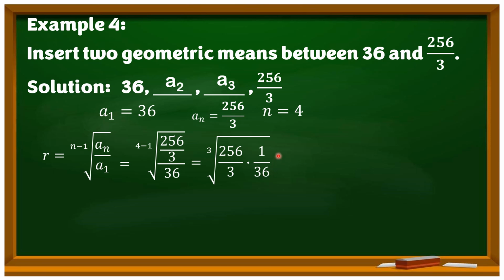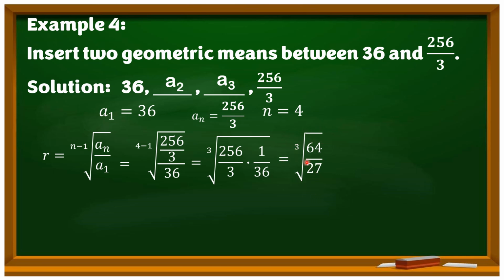So for 256 and 108, the greatest common factor is 4. So 256 divided by 4 is equal to 64, and 108 divided by 4 is equal to 27. So we have now the cube root of 64 over 27.